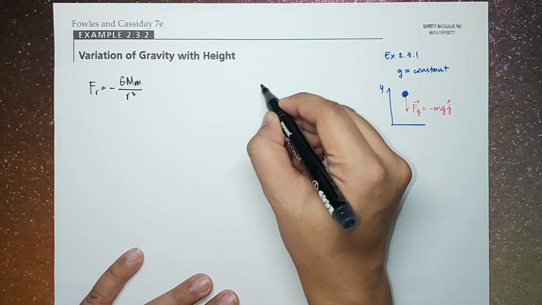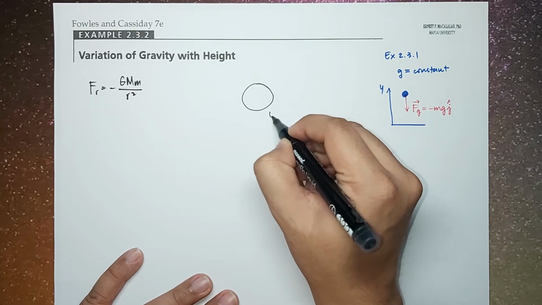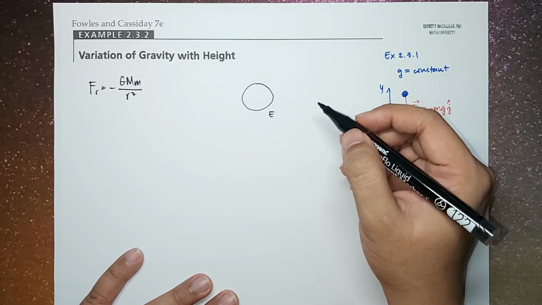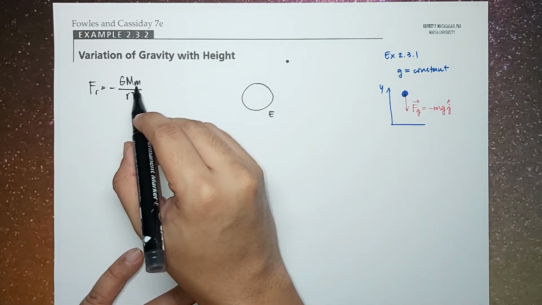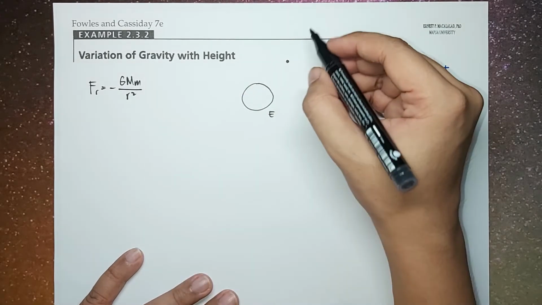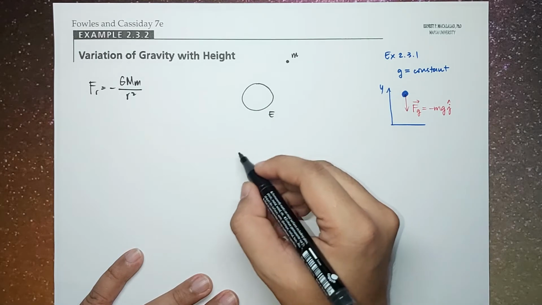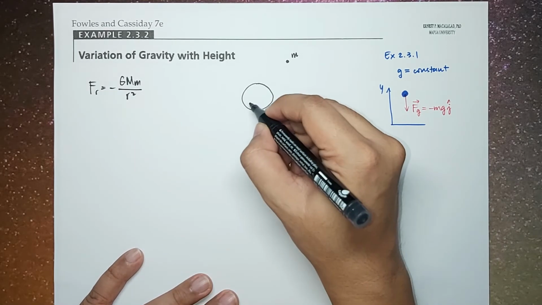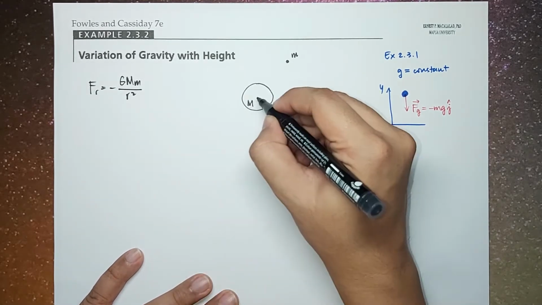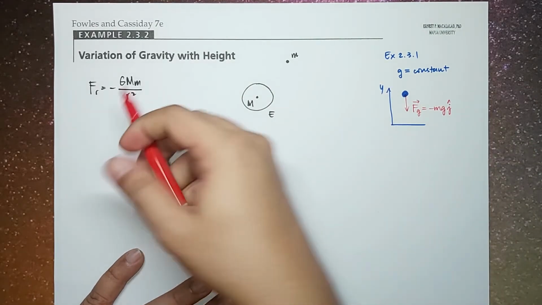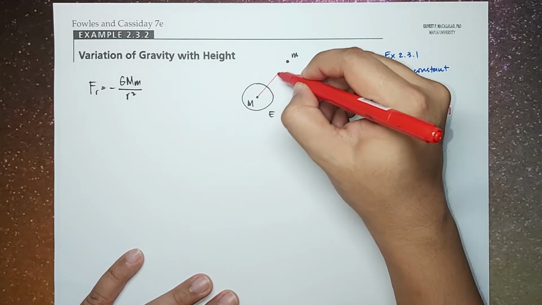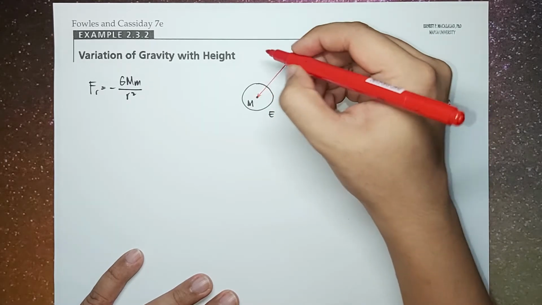So if this is the earth, and let's say you have a particle here, this particle will have mass m. Capital M is the mass of the earth. This is the center of the earth. R here would be the distance between the two.